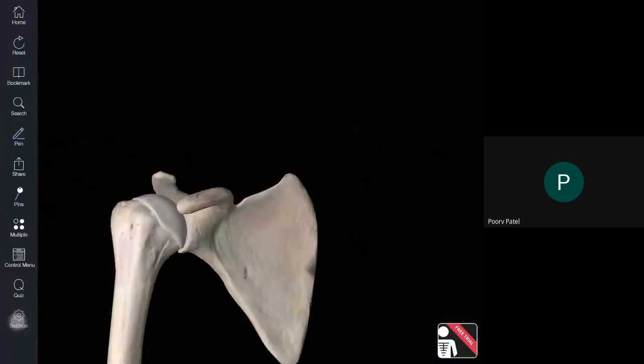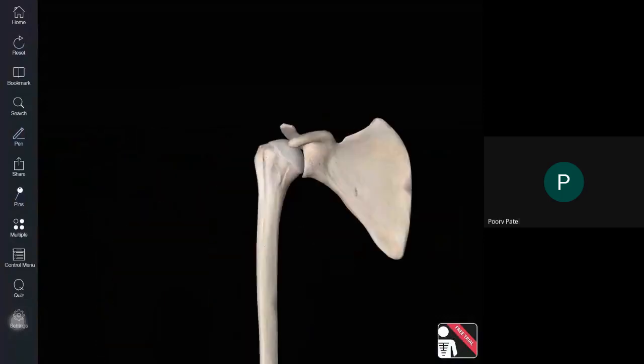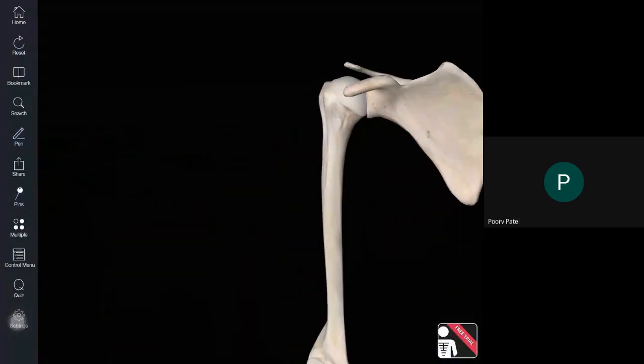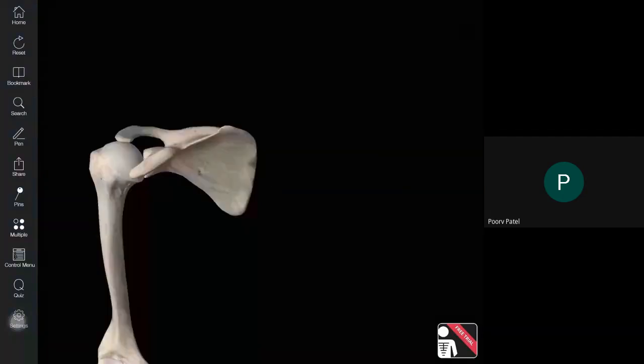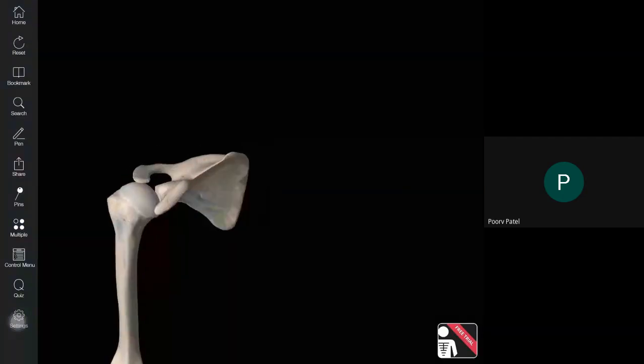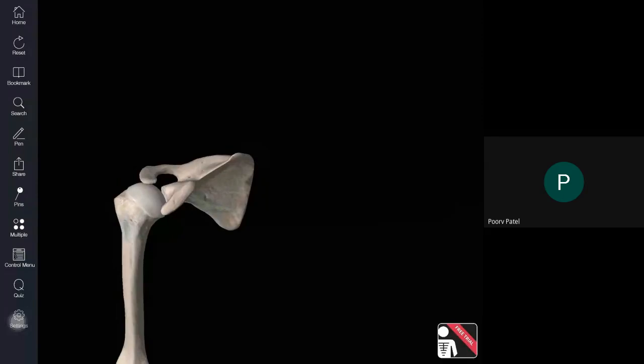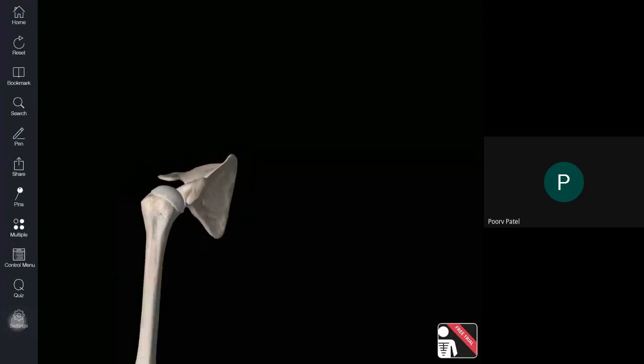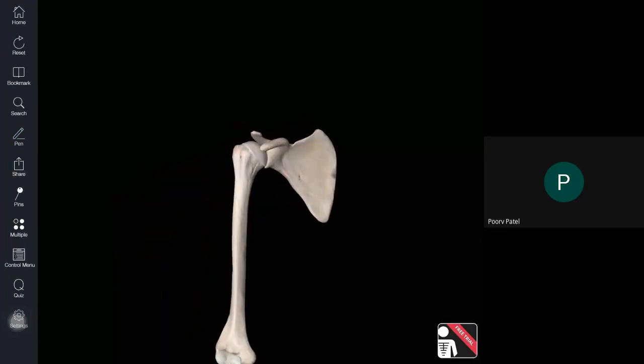So first what will come? So where is rotator cuff interval? Somewhere here. So this area. First you will see the superior capsule. And what is second? Above this you can see one more ligament, that is coracohumeral ligament.